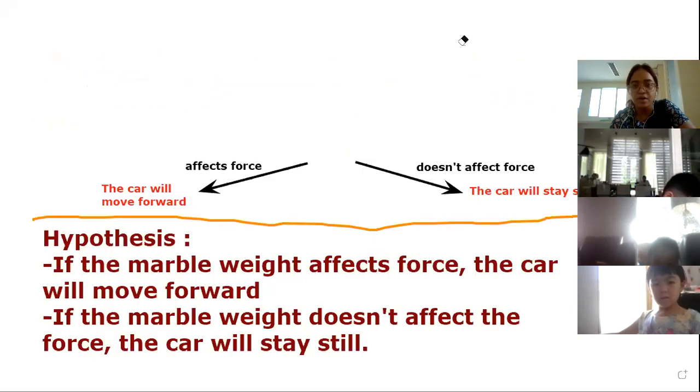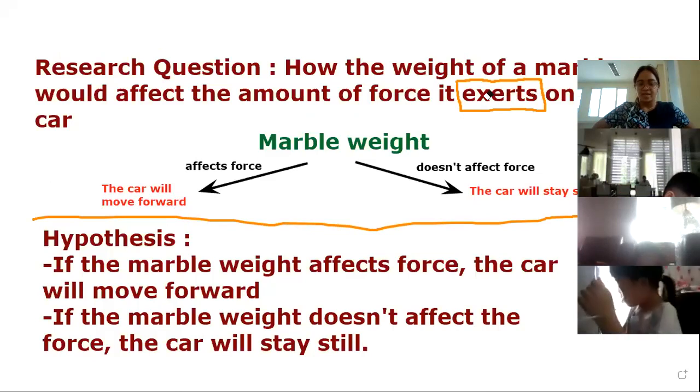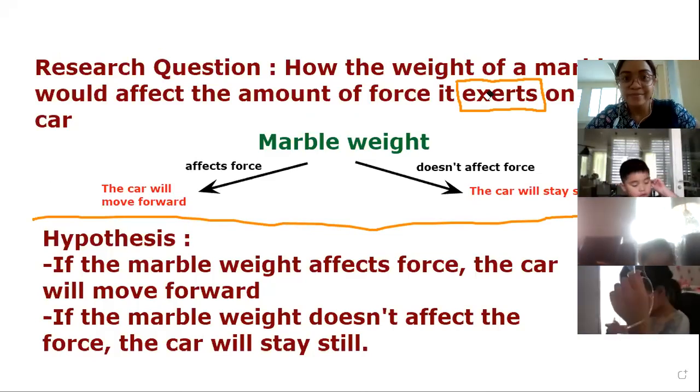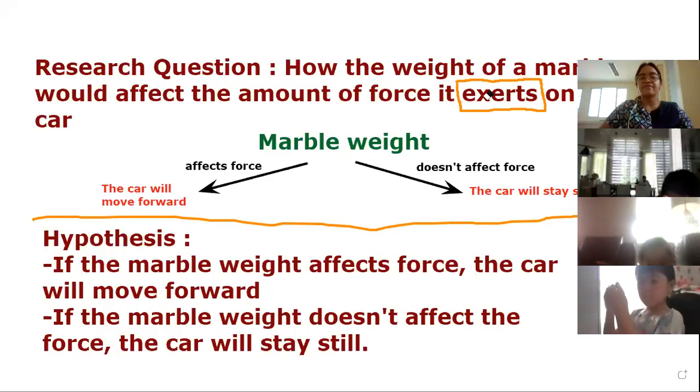Okay. Oh, hang on, I was going to talk about the word exert. What does exert mean? Who knows what exert means? Exert is like out. Out? Okay. So if a force is doing something to an object, it's called exerting force.